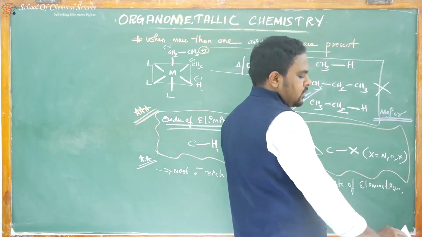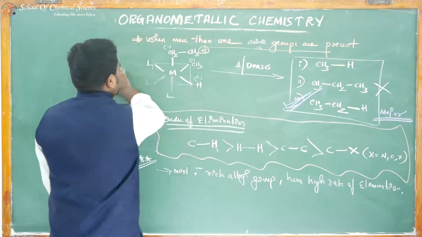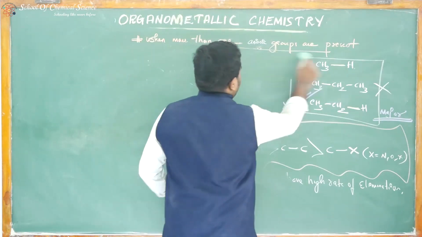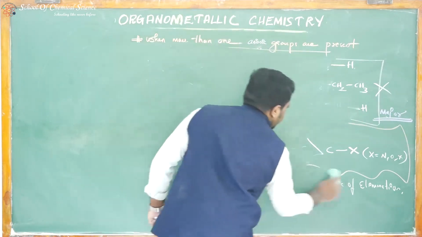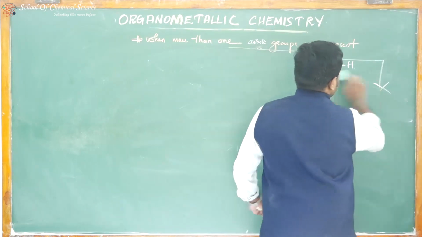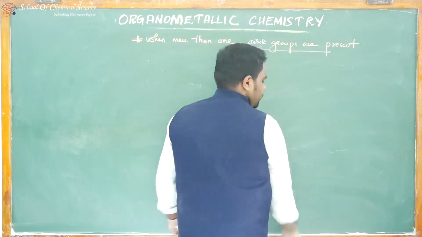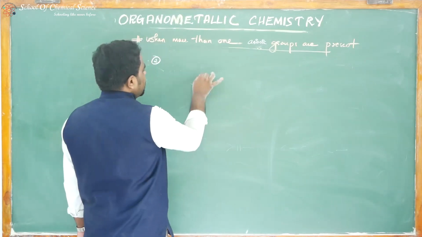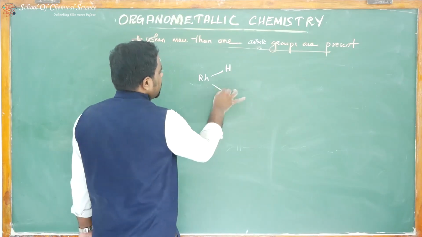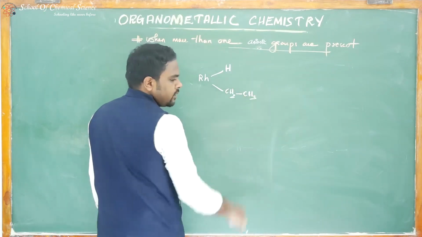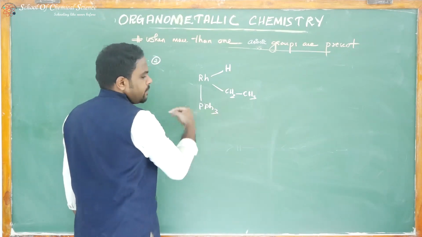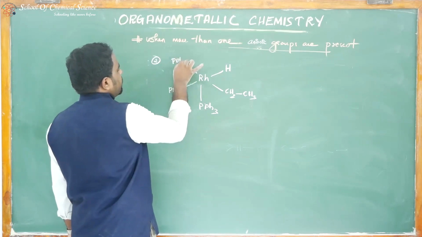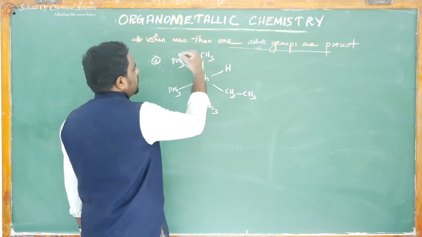Okay, then please write a question. When more than one anionic ligand is present, second question: rhodium, here hydrogen, here CH2CH3, here PPh3, here also PPh3, here PPh3, and here CH3.